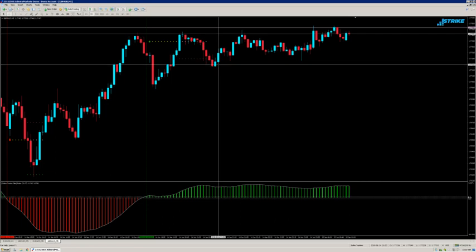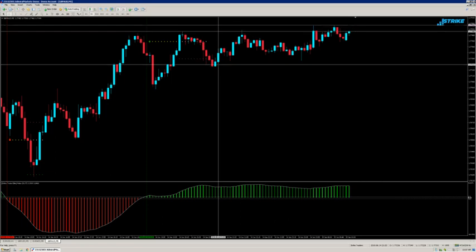Anybody who's familiar with other oscillator type indicators, that's right, it looks pretty similar. I think this indicator incorporates a few different mathematical features to gauge momentum, but they are in principle similar.